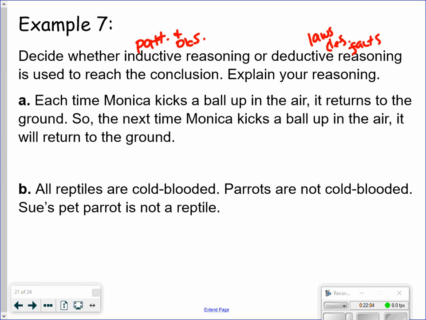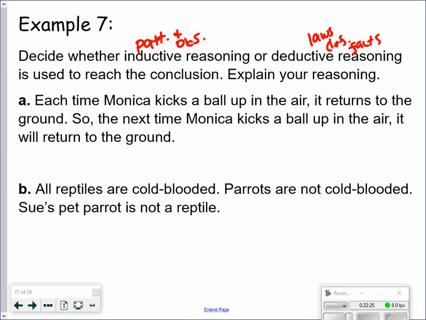Explain your reasoning. So each time Monica kicks a ball up in the air, it returns to the ground. So the next time Monica kicks a ball up in the air, it will return to the ground. So there are some kids here that say, well, that's deductive because that's the law of gravity, that when something goes up in the air, it comes back down.